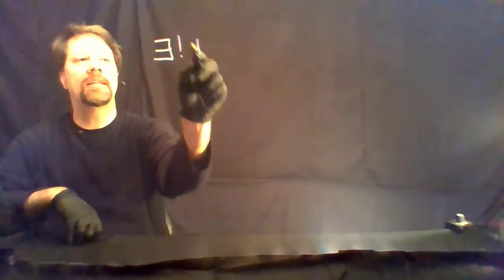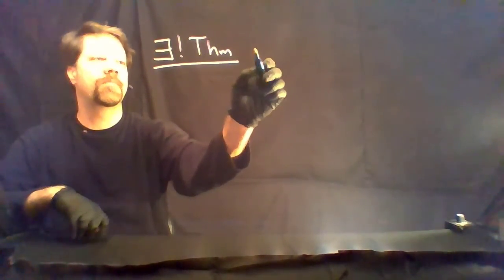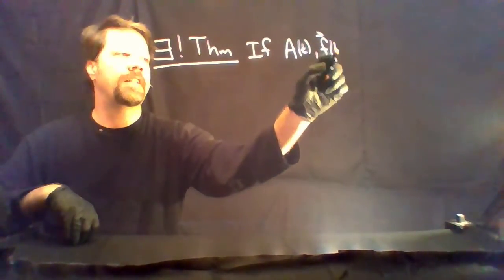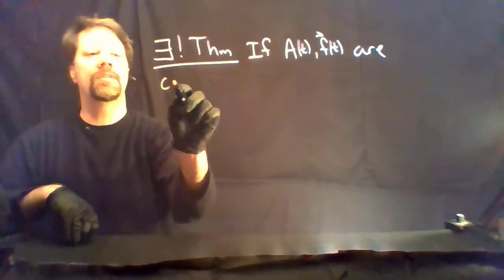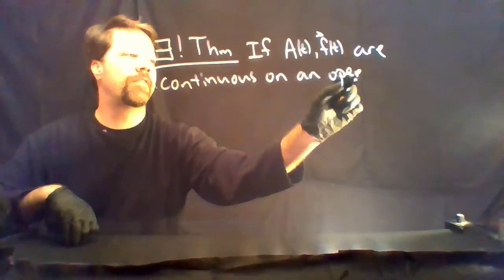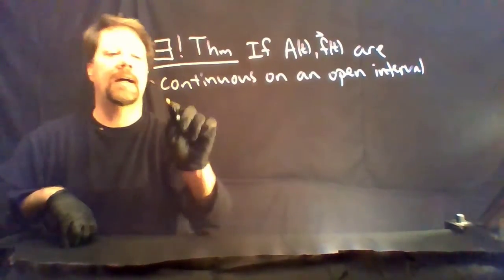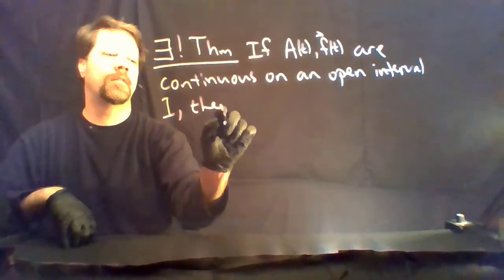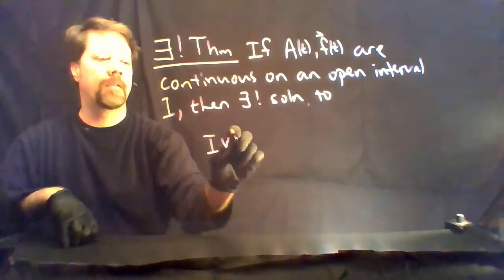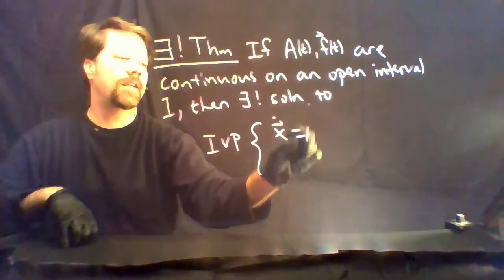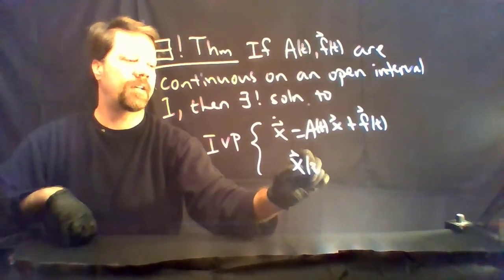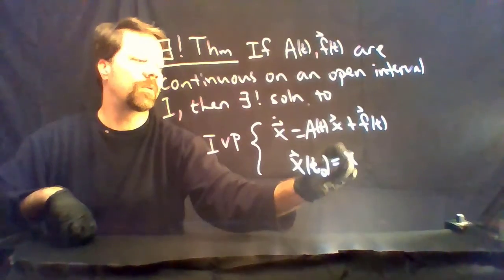There is an existence uniqueness theorem for linear systems. If A and f of t are continuous on an open interval I, then there exists a unique solution to the IVP x dot equals A of t x plus f of t, x of t naught equals x naught.